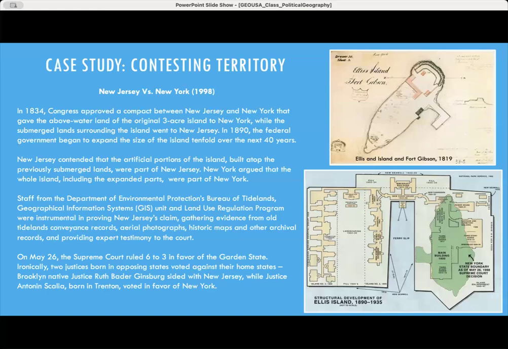They were the ones who provided expert testimony in this court case between New Jersey and New York in 1998. And on May 26, 1998, the Supreme Court rules 6-3 in favor of New Jersey, basically saying that yes, this territory being claimed by New Jersey is technically New Jersey.